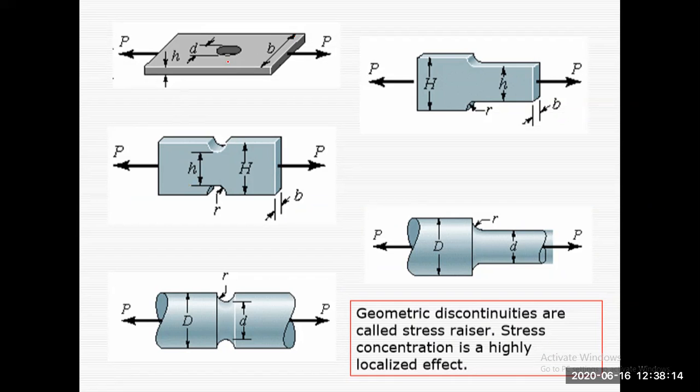Okay. So the first example was a plate with a hole, and the average area you take at this section here. So introduce a plane over here, and similarly here in the second example. This is the least cross section, this portion here. Along this portion the crack will start over here and it will propagate.